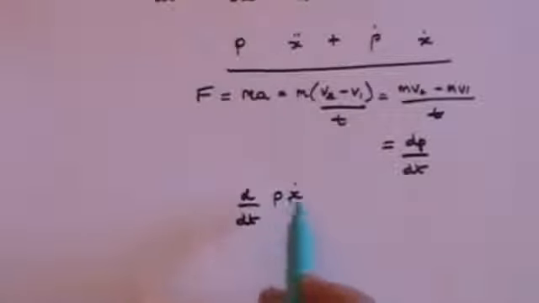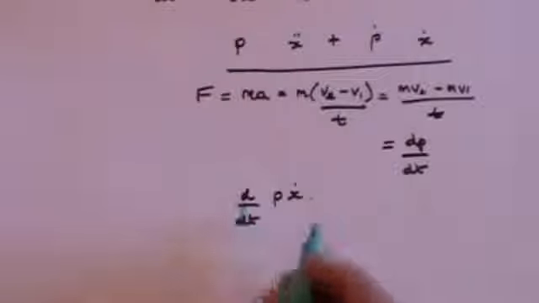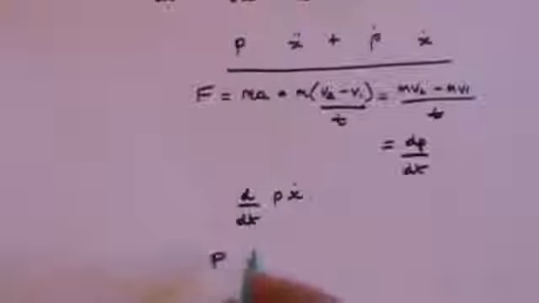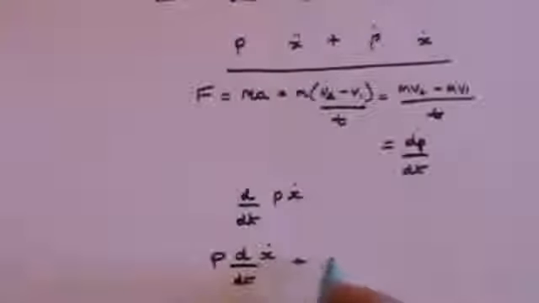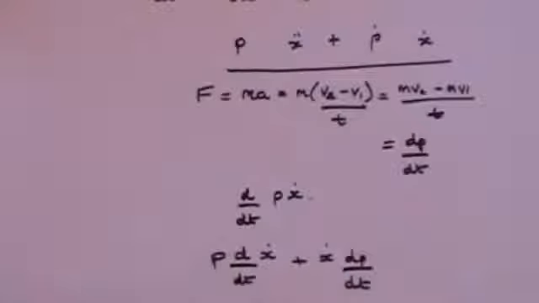You've got two terms. You take the first and multiply it by the differential of the second, plus the second multiplied by the differential of the first. So d by dt of p x dot will be the first times the differential of the second, plus the second times the differential of the first.